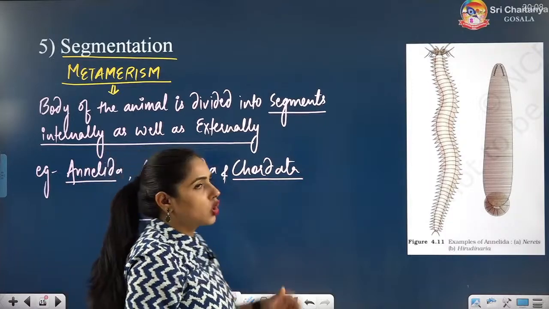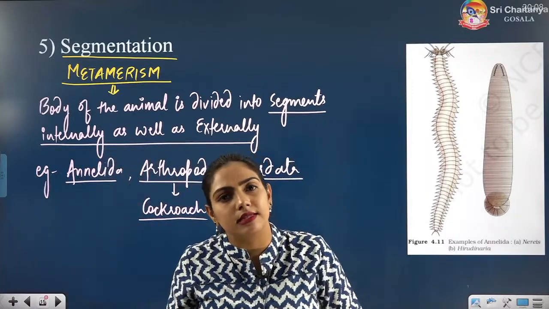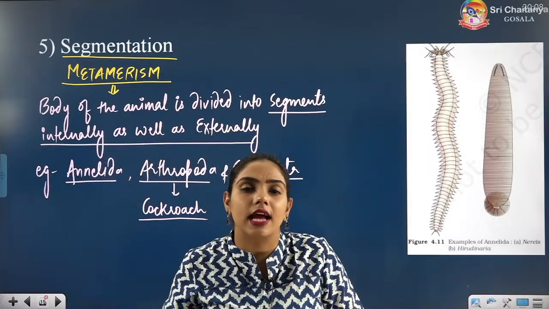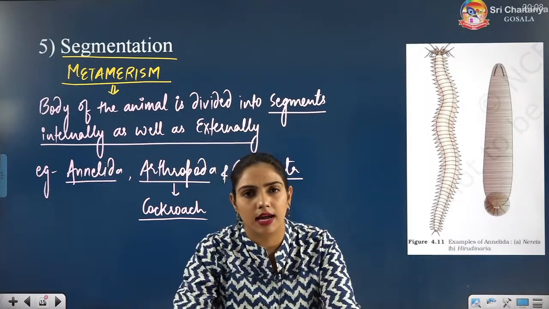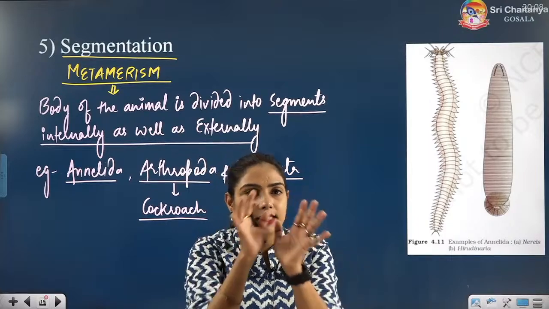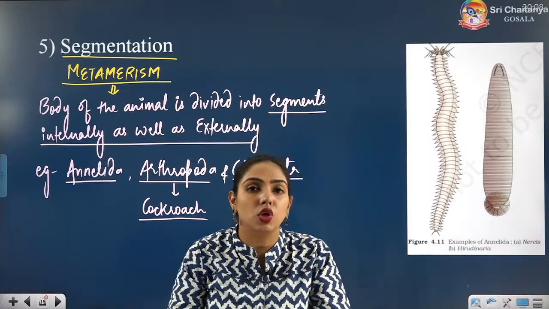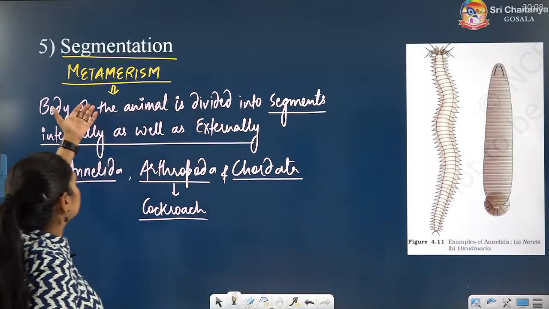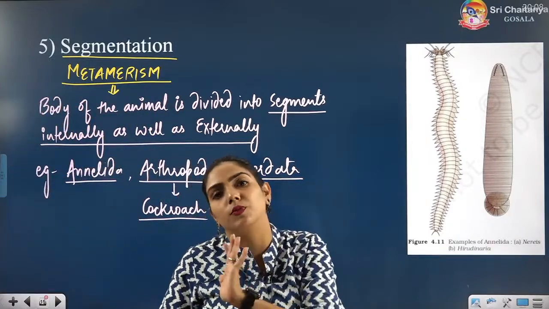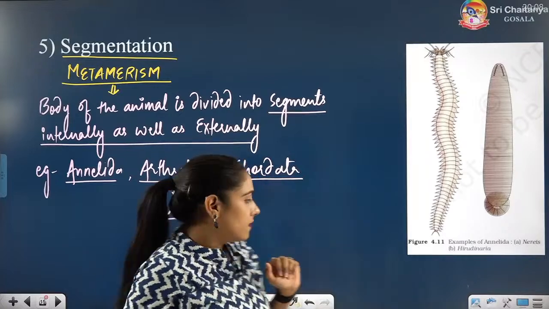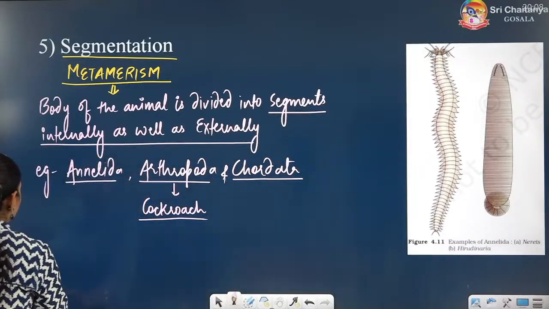And then in Chordata you can take the example of us. We are also chordates, and we have segments, head, thorax and abdomen. In these segments our body is divided. So the segmentation is seen in only 3 phylums: Annelida, Arthropoda and Chordata. That's it. Very, very easy to understand and remember.